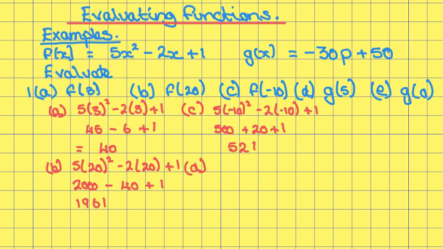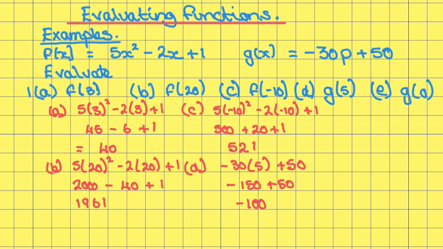Part D, g(5). So this time we substitute 5 into g(x). So we get minus 30 times 5 plus 50. Well, minus 30 times 5 is minus 150, plus 50 gives us minus 100.